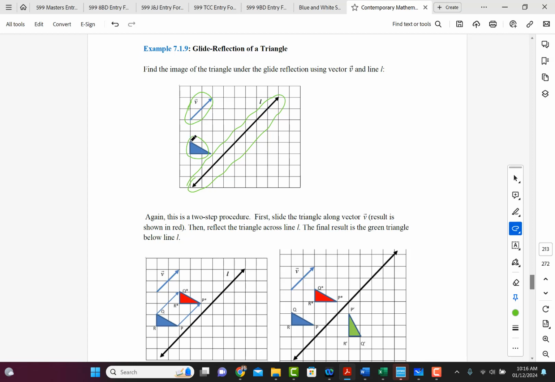Let's say here, we've got these vertices here. They're labeled below, but I'm going to just label the points here, right? So we're going to move the points at a 45-degree angle according to the vector V to its new location.